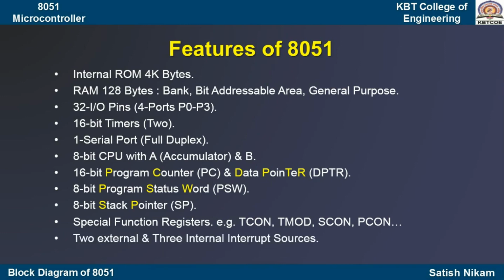As I told you, there are a total of 5 interrupts: 2 external and 3 internal. There is also a clock oscillator and clock circuitry, normally using a frequency of 11.0592 megahertz. These are the features of the 8051, and this is all about its programming model.